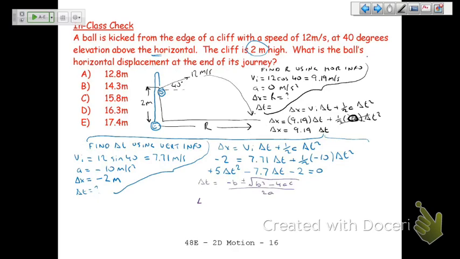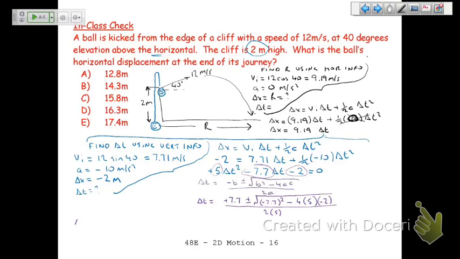So this is a, and that's b with a negative included, and that's c with a negative included. So minus b is plus 7.7 plus or minus the square root of 7.7 squared minus 4 times 5 times minus 2, all over 2 times 5.